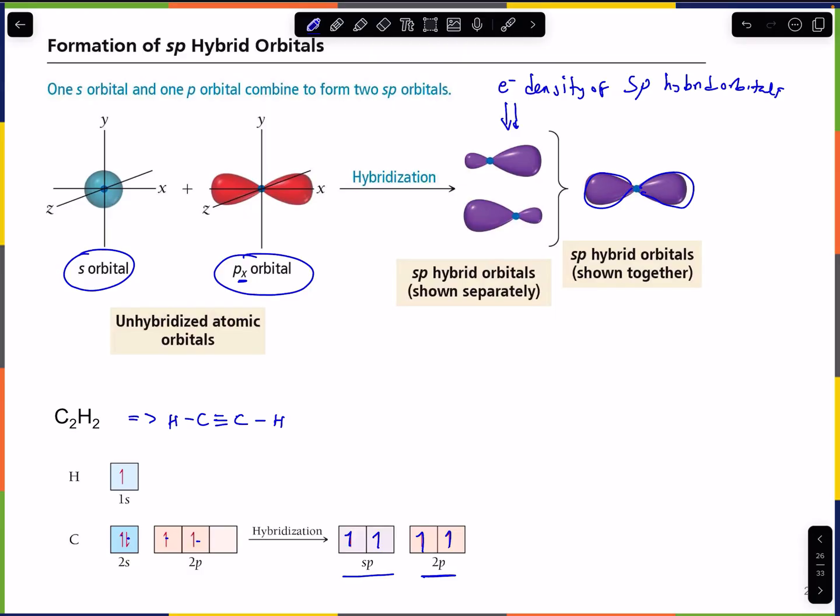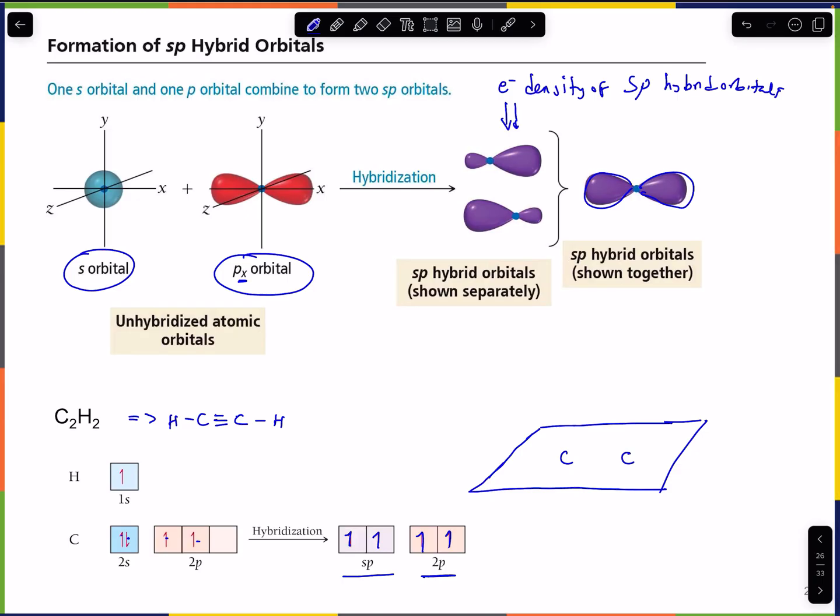So let's try to represent this molecule with the corresponding overlapping of orbitals. I'm going to draw a plane here. We'll put a carbon atom and another carbon atom. If you check, the sp orbitals are going to have a linear geometry. So I'm going to move this a little bit to the right.